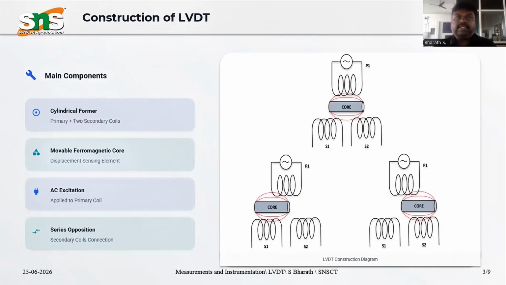So this is a cylindrical former, with a primary and two secondary coils, and a movable ferromagnetic core. The core is made of ferromagnetic material, and S1 and S2 are connected in series opposition.